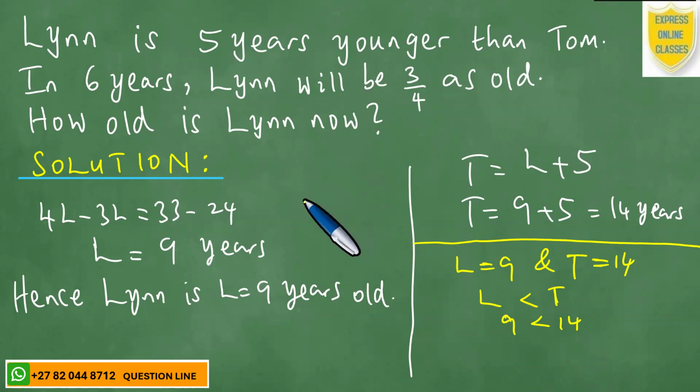But if we look carefully, in 6 years, Lynn will be 3/4 as old. So let's analyze that part.